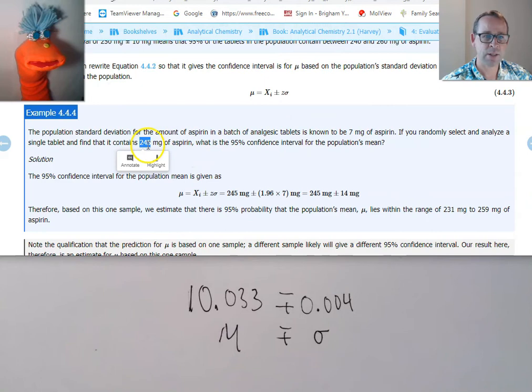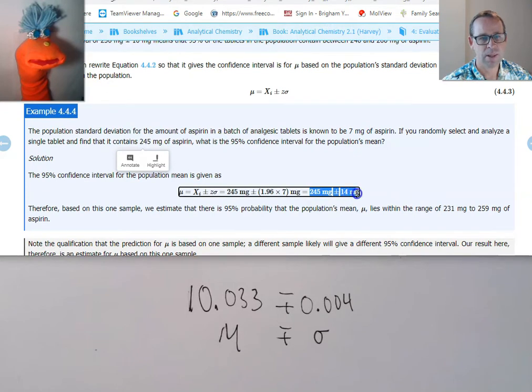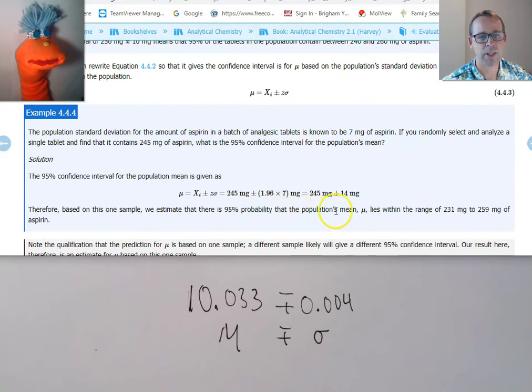So when you take a single measurement and give it the standard deviation and then multiply it by your z-value of 1.96, right? Now we can say that based on this one sample, there is a 95% probability that the whole population's mean is within the range of 231 to 259.